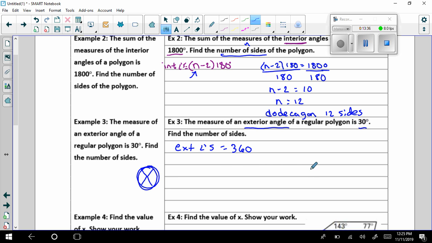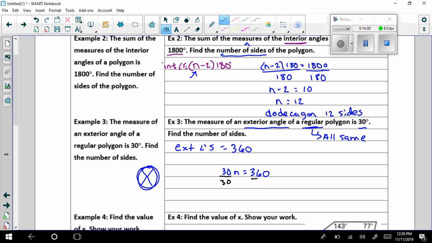So if the exterior angle of a regular polygon is 30, regular meaning all the same, then your number of sides times 30 is equal to 360.